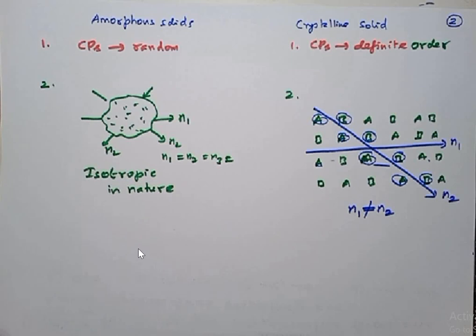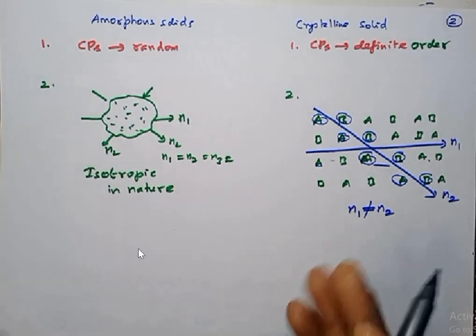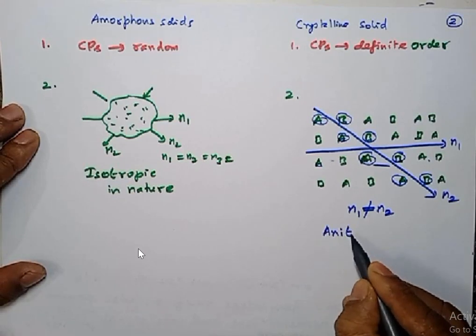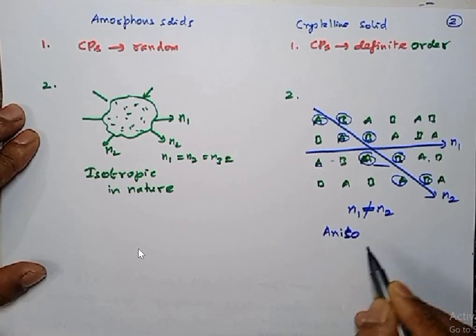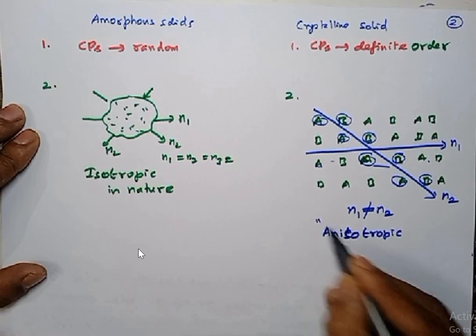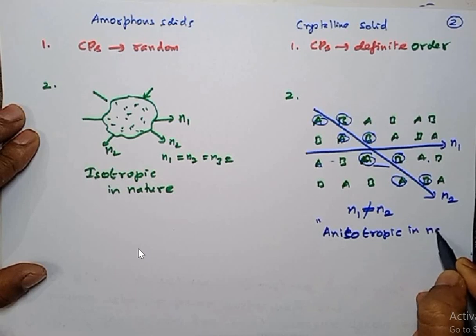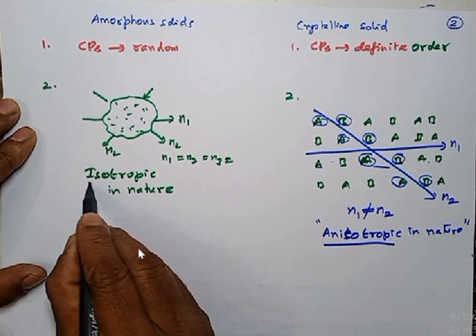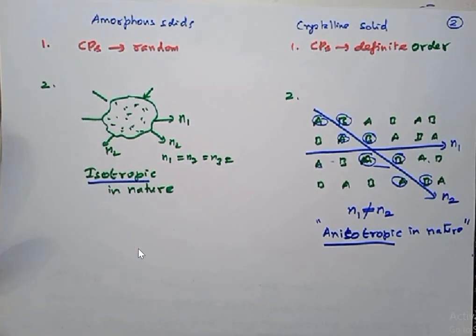That is the reason why crystalline solids are called anisotropic, A-N-I-S-O, anisotropic in nature. It's very important: crystals are anisotropic, whereas amorphous solids are isotropic in nature.